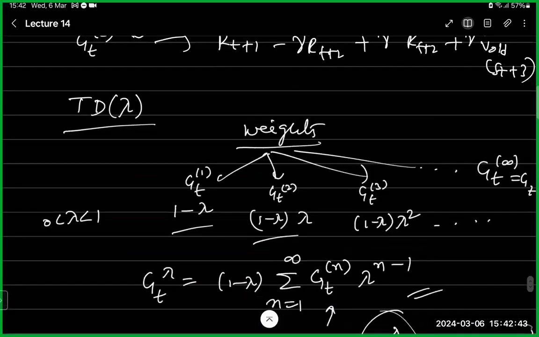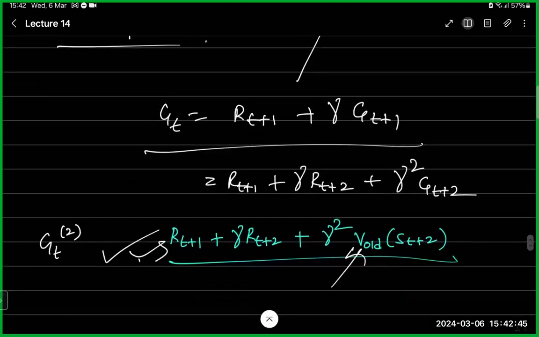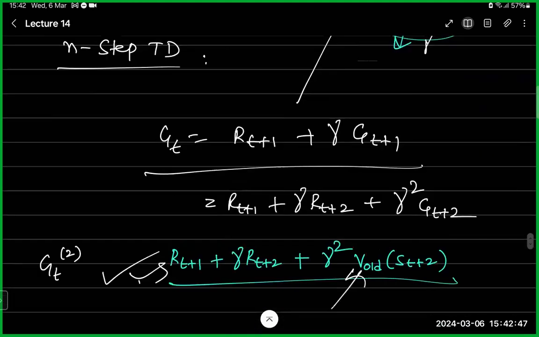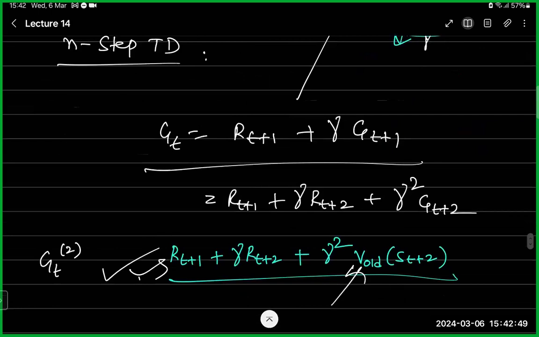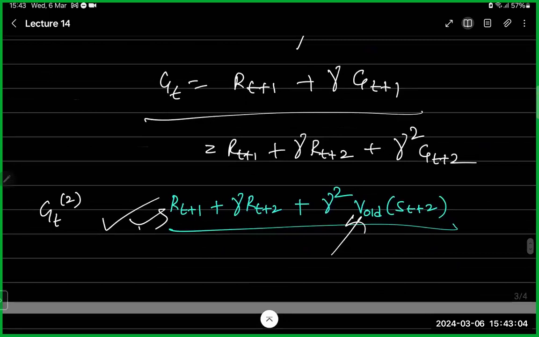And then we also looked at n-step TD, where instead of looking at just one sample of reward and then using the V old estimate, you look at R t plus 1 and R t plus 2, and for the remaining return, you use your old estimate, which is R t plus 1 plus R t plus 2 plus gamma square times V old of s t plus 2. Then we were thinking of what is a good value of n to use.